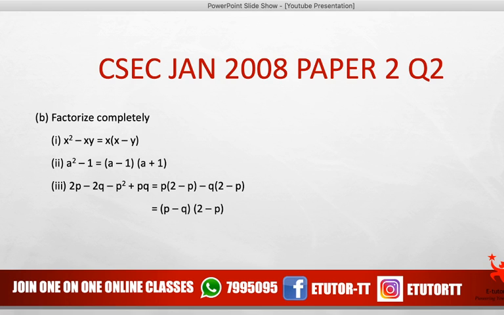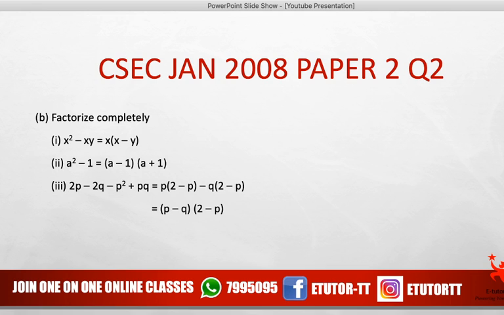a squared minus 1 is equal to, from the identities that I showed you before, a minus 1 times a plus 1. If you were to actually work that out, you will see that you get back to the original answer. We could actually do it quickly now. a times a gives you a squared. Then a times 1 gives you a.